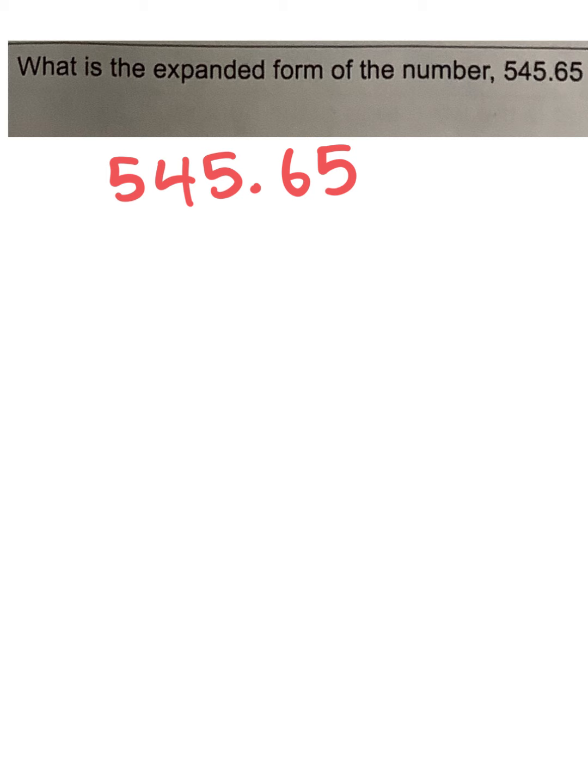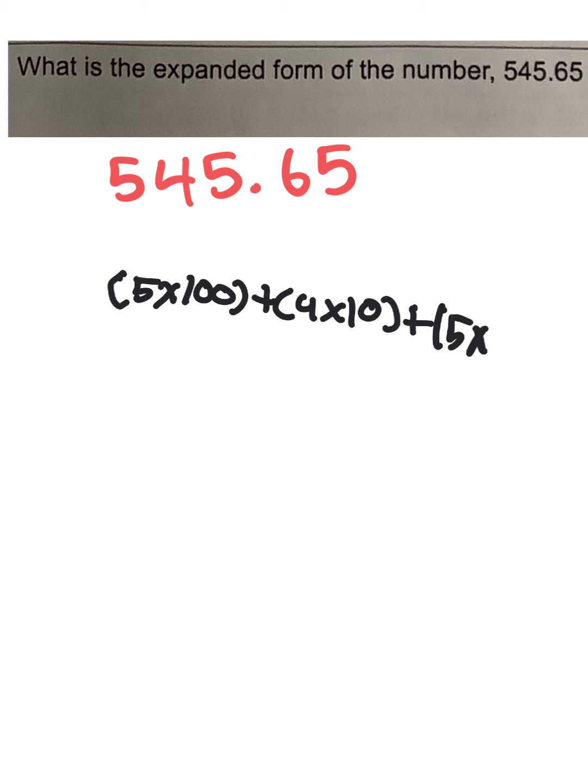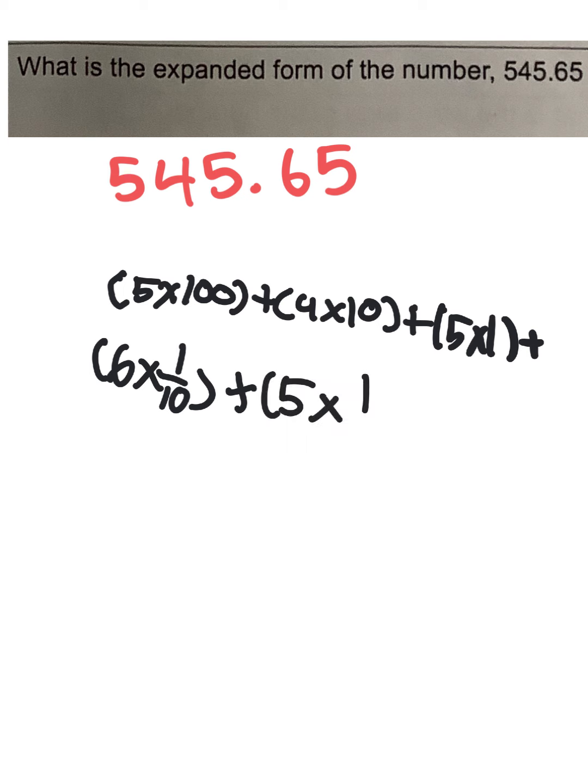We're going to multiply the digit and the place value plus our next digit. 5 times 100 plus 4 times 10 plus 5 times 1 plus 6 times 1/10 plus 5 times 1/100. Great job.